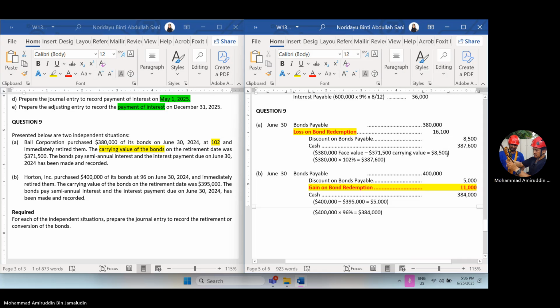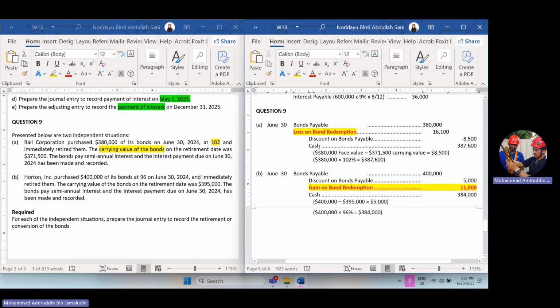So the difference I should put on the credit side, because the value of the bond is being reduced. Don't go to the debit because on the debit you already put your bonds payable, the face value. So the reduction in the value of my bond, I put it on the credit side. Actually, it's the opposite of your liability.